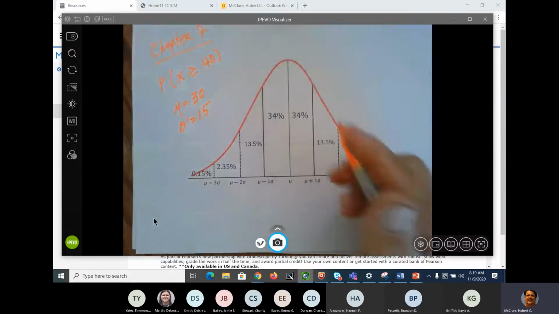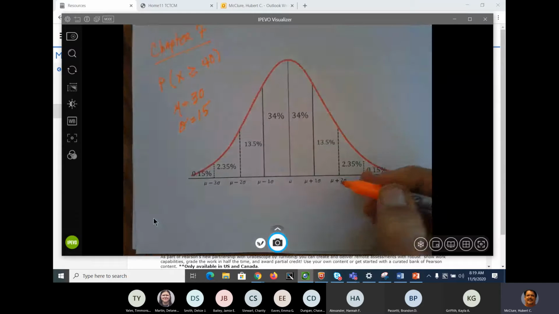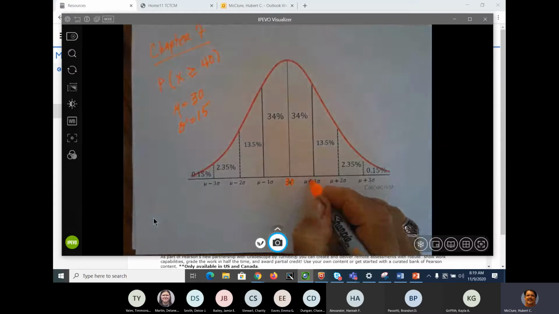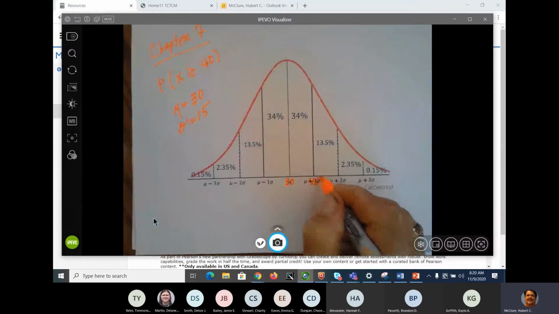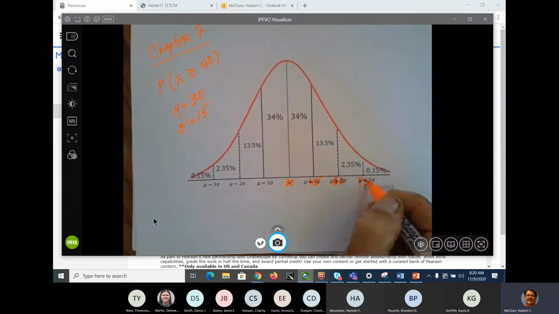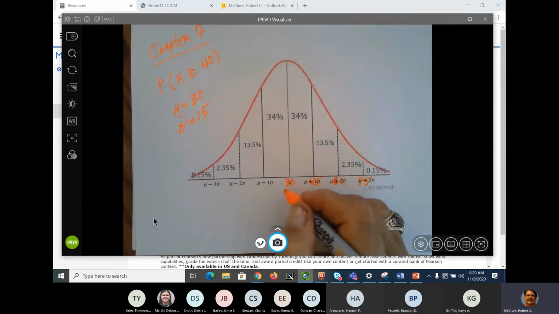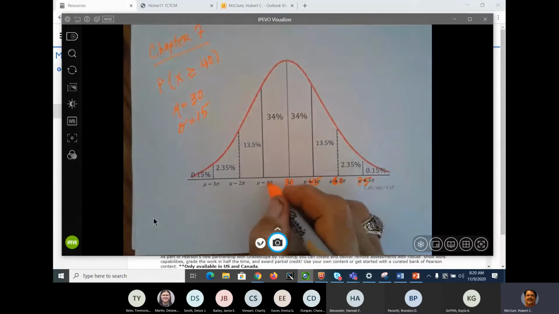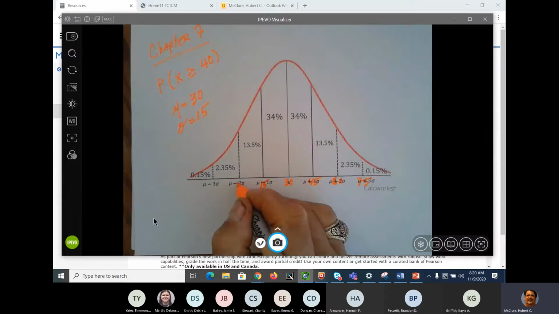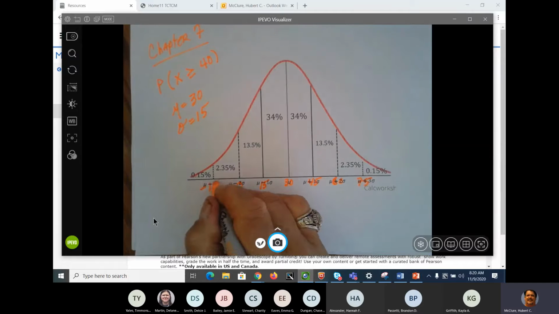So we plotted 40. We said this is 30, and this will be 45, and this will be 60, and this will be 75, and this would be 30 minus 15 is 15, and 15 minus 15 is 0, and negative 15.